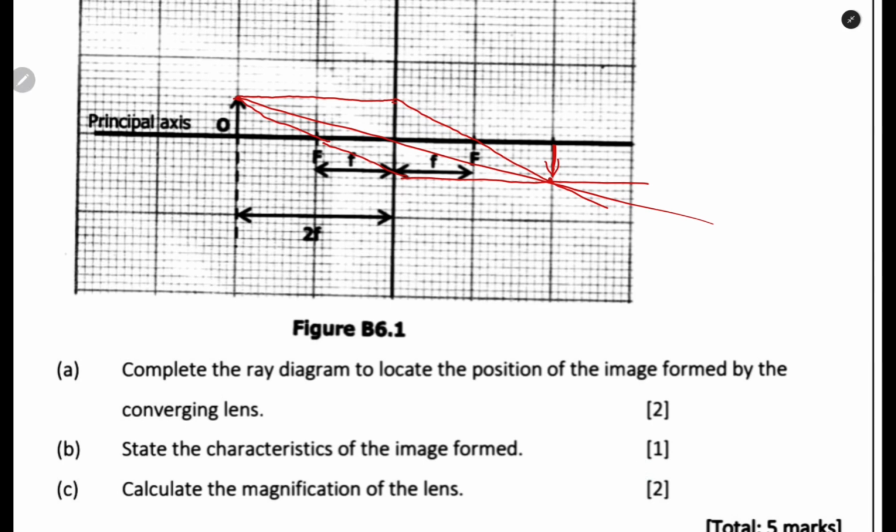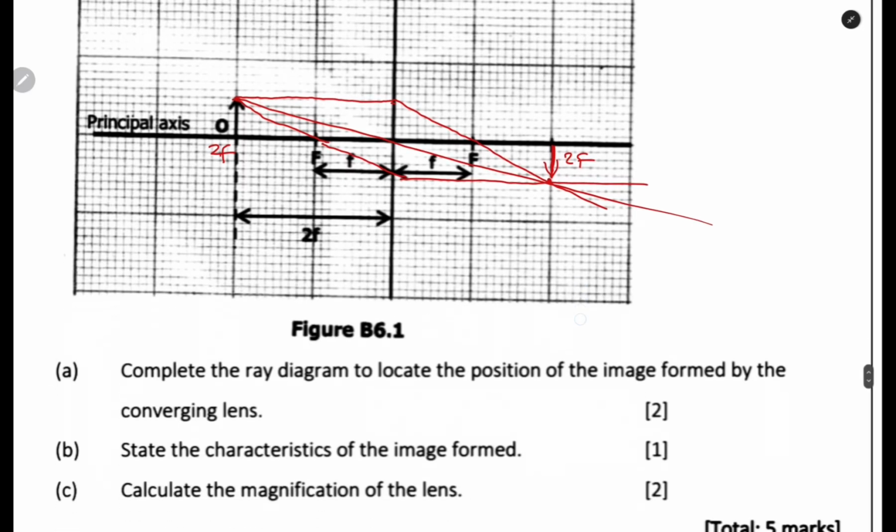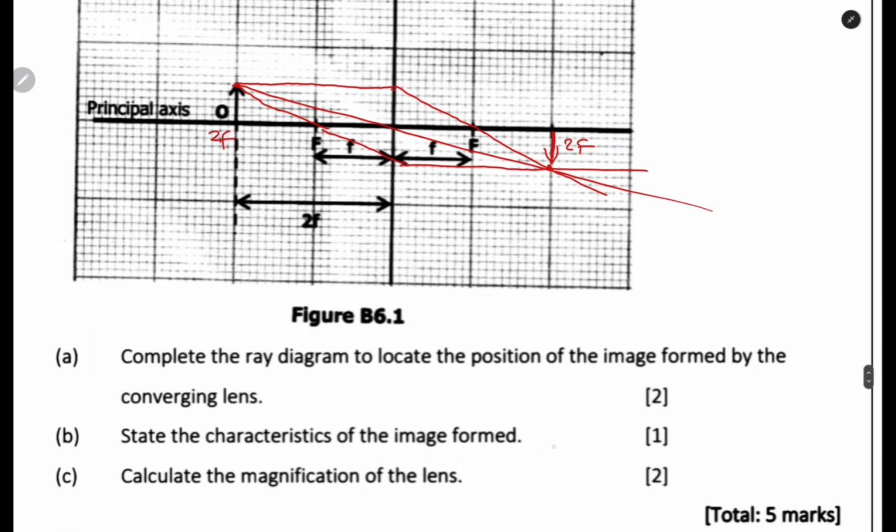Then state the characteristics of the image formed. Look at this. This is at F, this is 2F. When the object is at 2F, the image is also formed at 2F. So one of the characteristics is that the object and the image are of the same size.